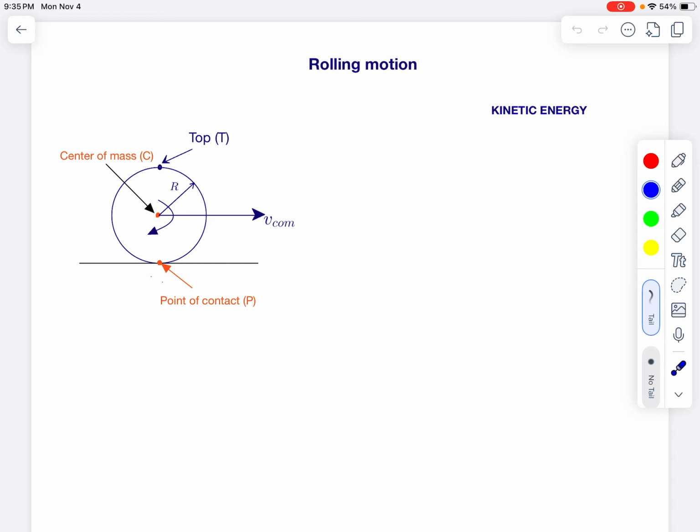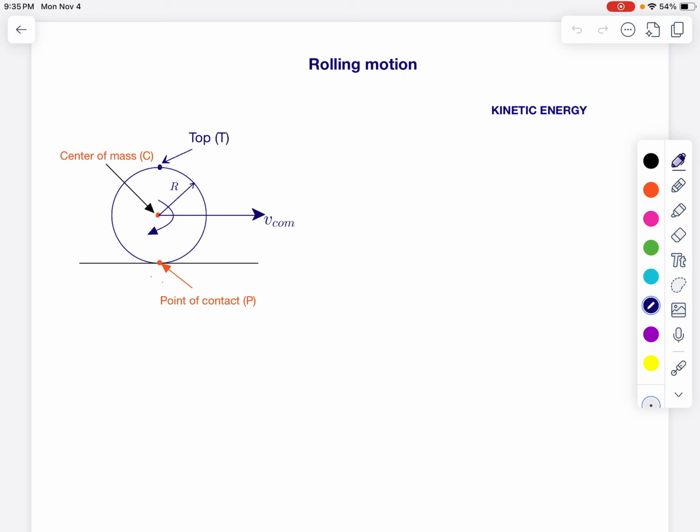So here is a cylinder, as I mentioned before, it has a radius r. It's rotating this way, therefore it's going to roll towards the right, with the velocity of the center of mass being VCOM. So let's look at these 3 points: the point of contact, the center of mass, as well as the very top.